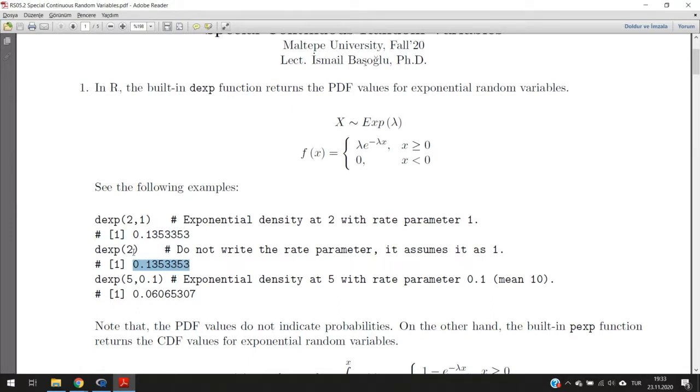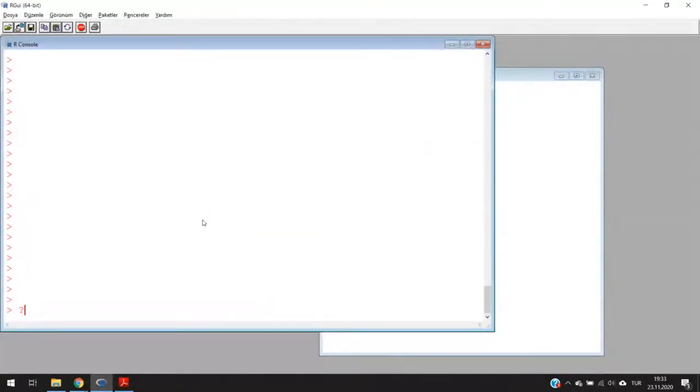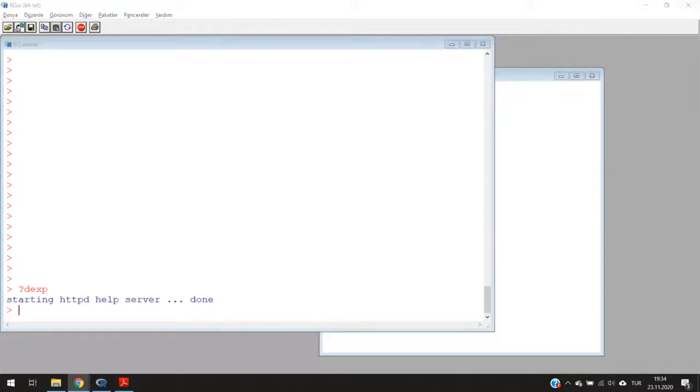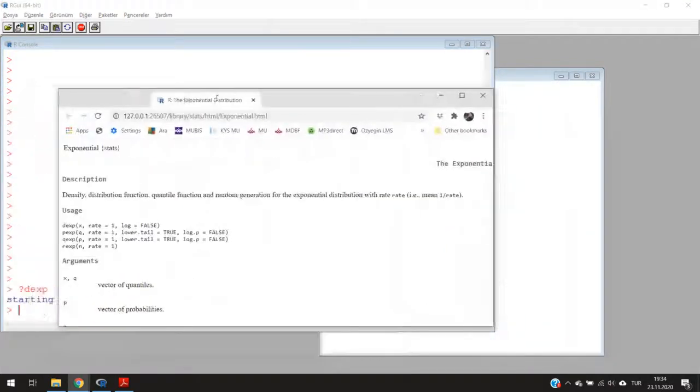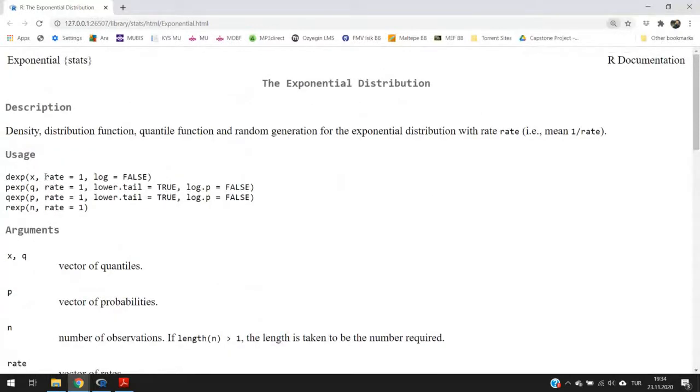So this is the default assumption about the rate parameter. In fact, if you just write question mark dexp and want to learn about the function itself a little bit more, you will see that the second argument is called the rate argument, and by default it is equal to 1.